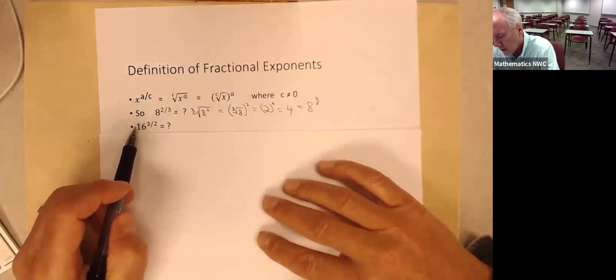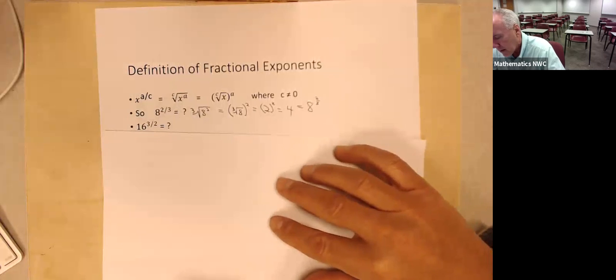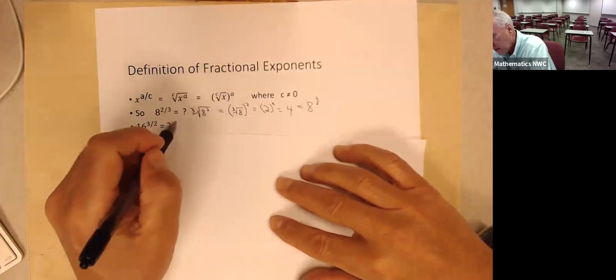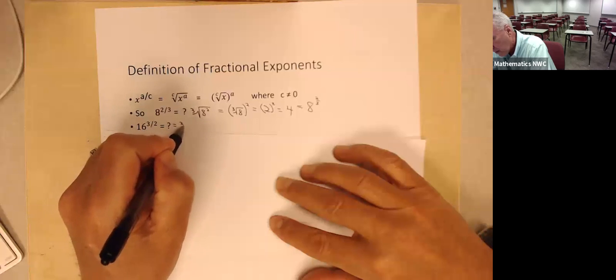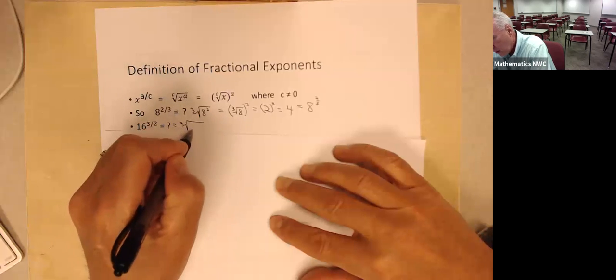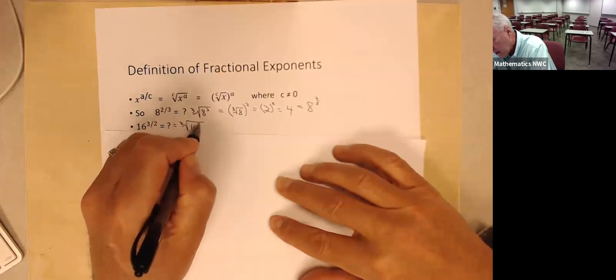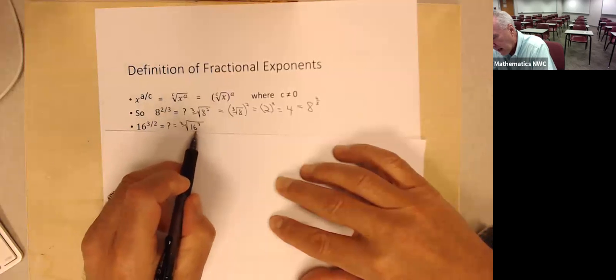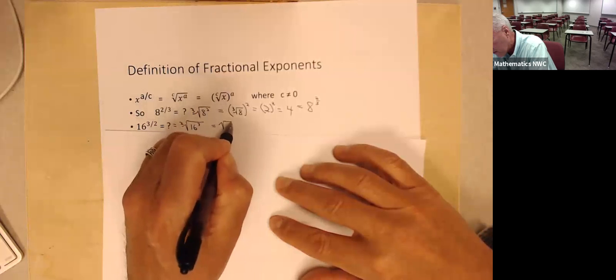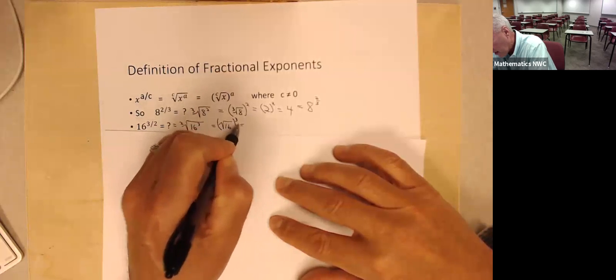Similarly, we're going to use the same thing here. This time my denominator is 2, which means the square root. So I can change this to the square root. I really wouldn't have to write the 2 there. The square root of 16 cubed. I can put the cube on the outside. So I have the square root of 16, quantity cubed.